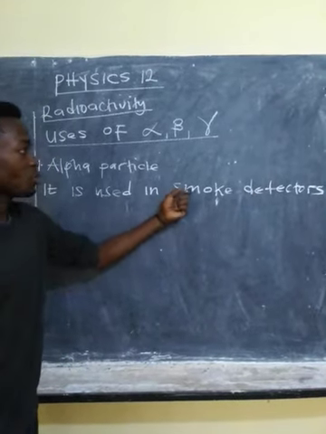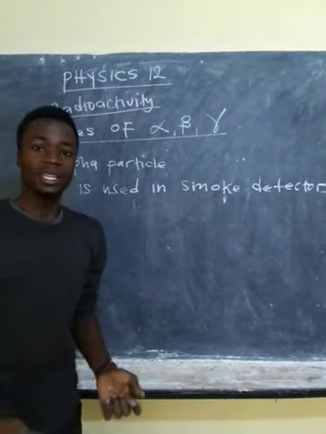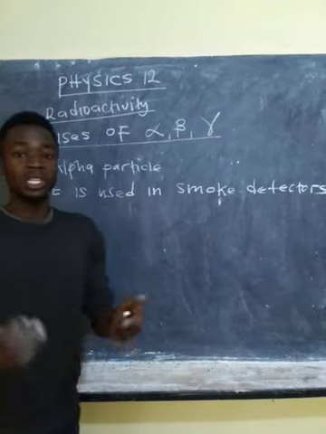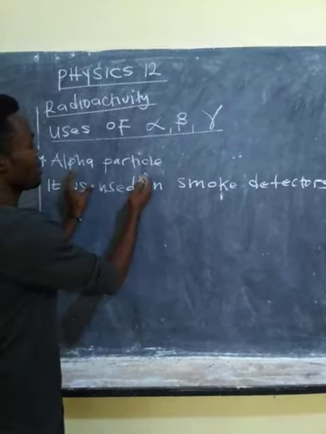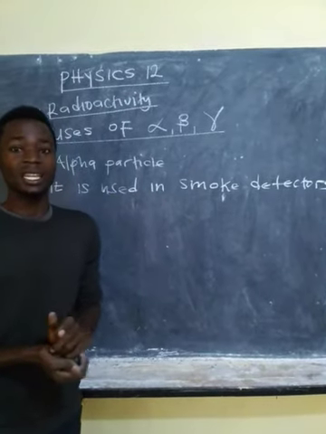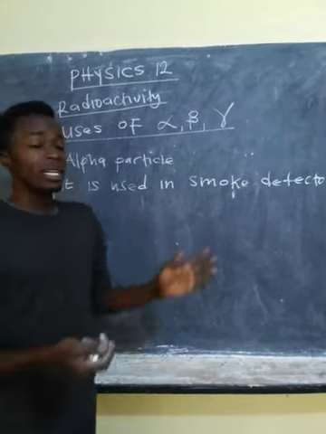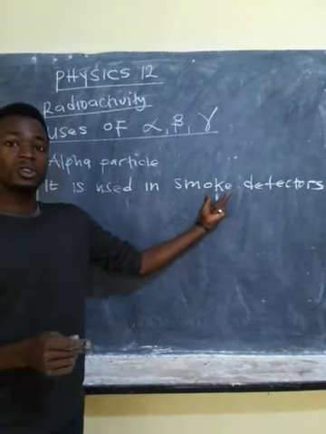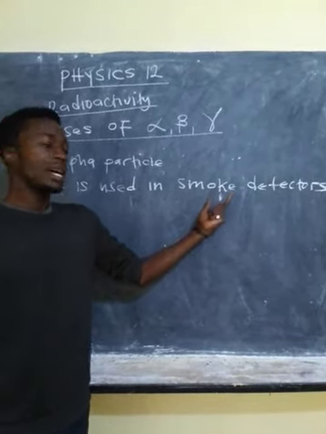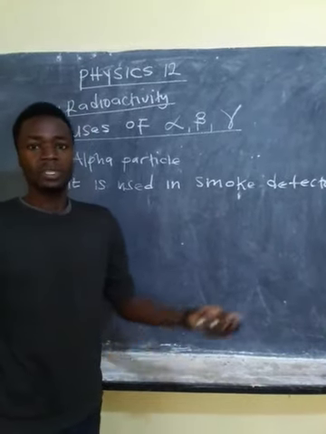How is it used in smoke detectors? We understand that it has got the least penetrating power, meaning that once it is put in a system which can detect smoke, it can be blocked by just smoke, which is going to trigger the alarm and signal that there is fire maybe in the building.